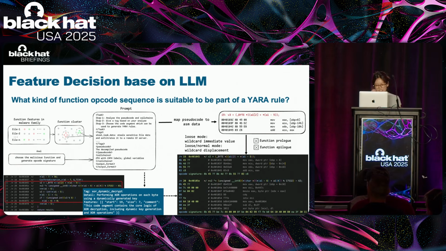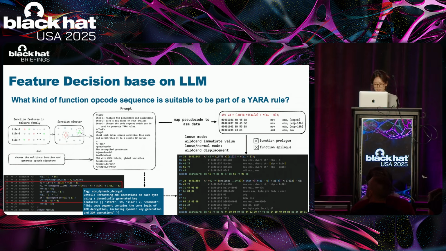Thank you, guys. Function features are important for creating explainable rules with low false positives. So what types of functions, and which opcode sequences within them, can be used as function features in YARA rules? Our rule generation framework works at the malware family level.